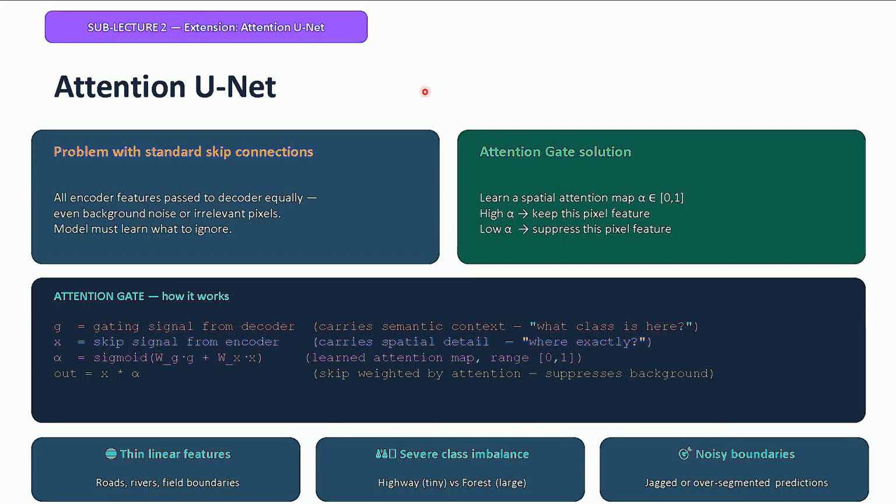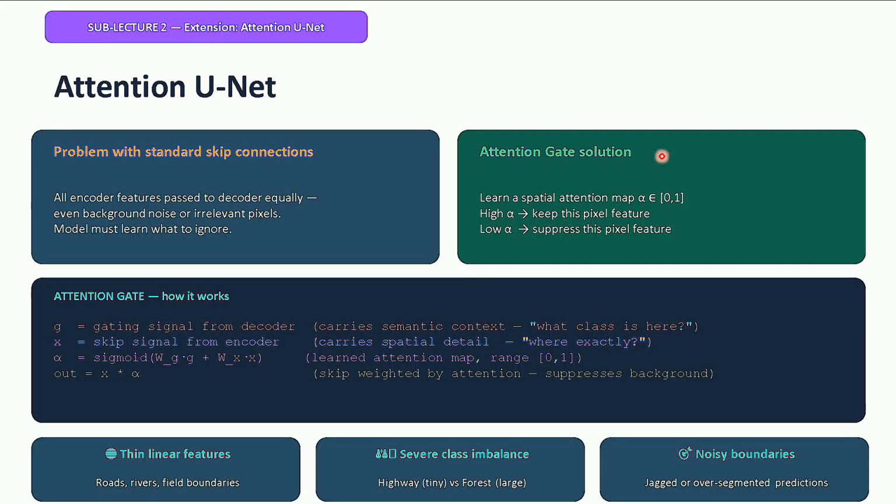Now, here is an extension I want to show you, the attention U-Net. The standard U-Net passes every encoder feature to the decoder equally, even background noise, even irrelevant pixels. The decoder has to figure out what to ignore. The attention U-Net fixes this. It adds a small learned gate at each skip connection.